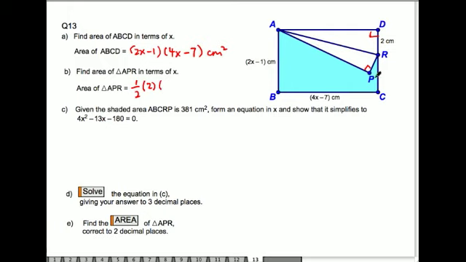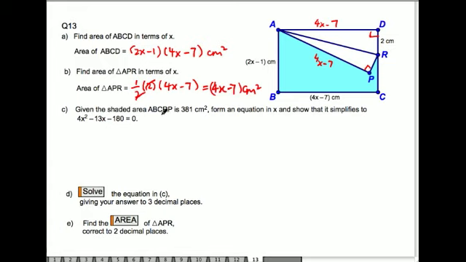The height here, AP, is just simply AD. So it is 4x minus 7. This length is the same, 4x minus 7. Simplifying it, we have 4x minus 7 cm squared.